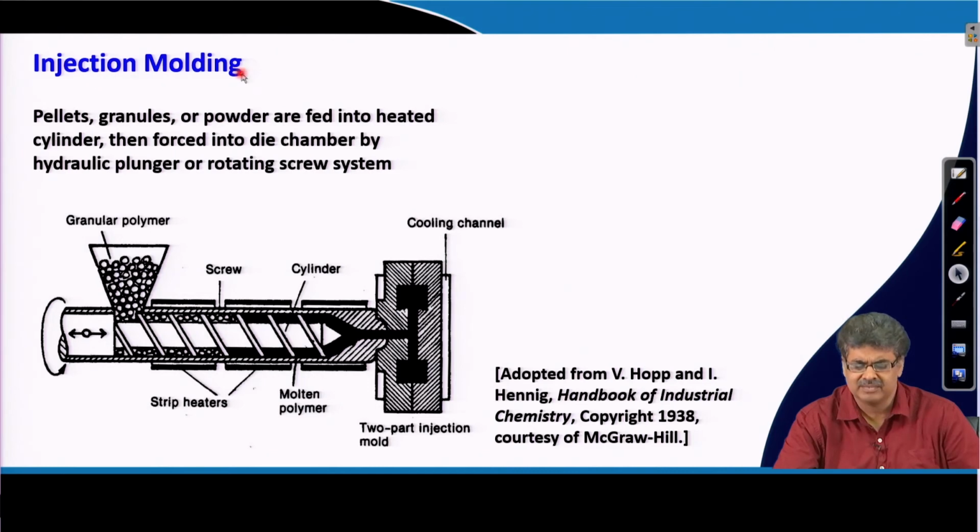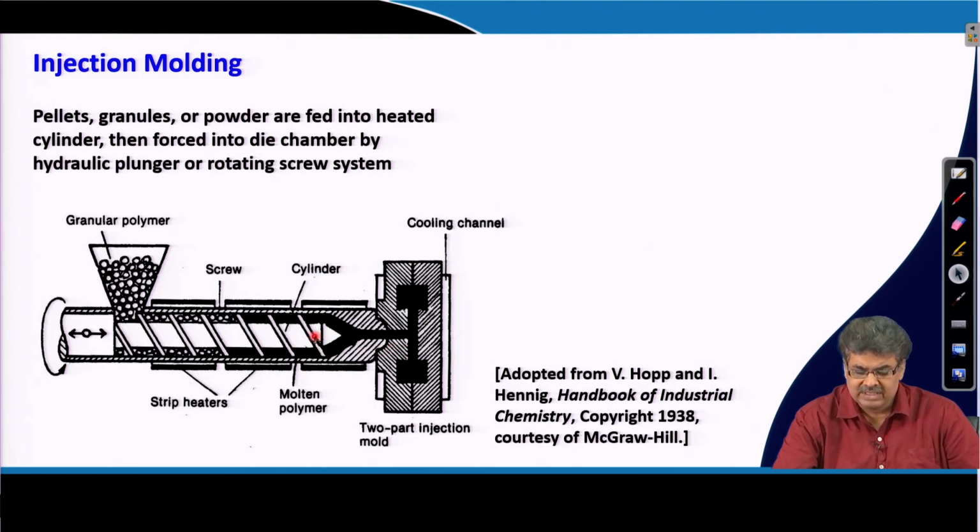Next we move to injection molding. Here pellets or granules or powders are fed into a heated cylinder, and then using an injection mechanism, this melt is injected into a cavity which has a particular shape depending upon the final product shape we require, and this is done with the help of a screw.